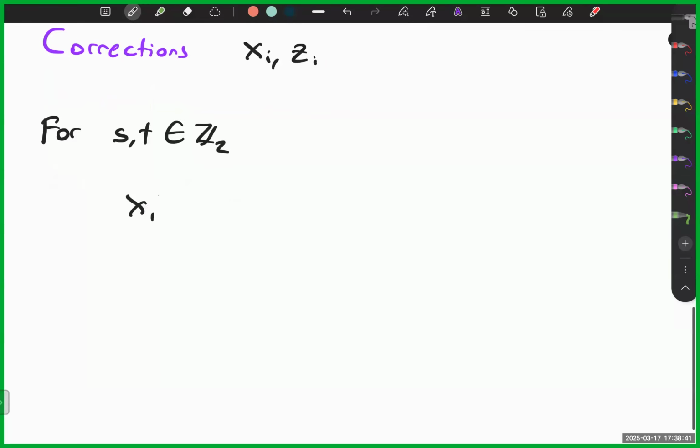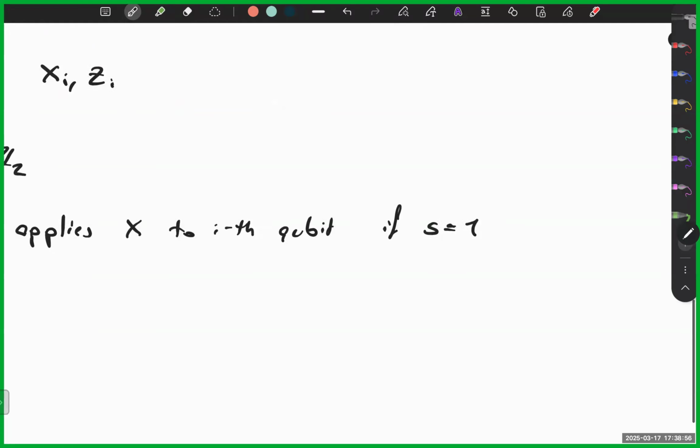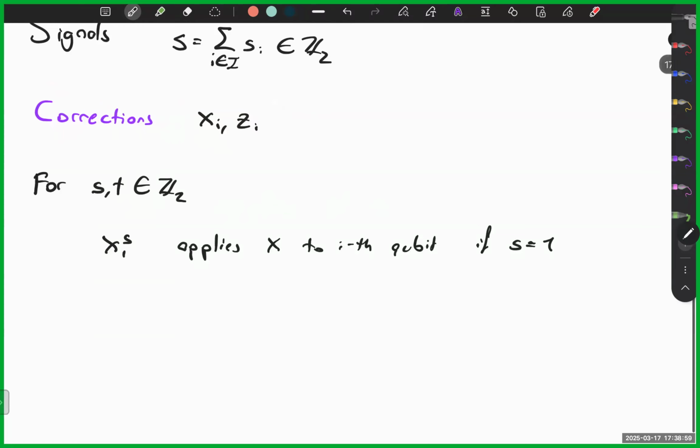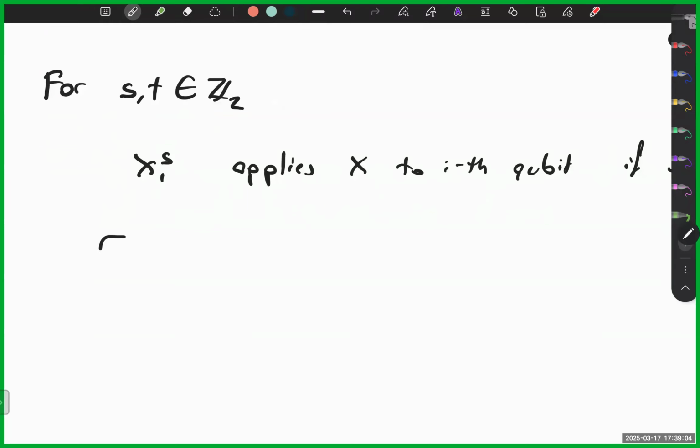So X_i^s just applies X to the ith qubit if s is 1, but does nothing if s is 0, and similarly for the Z case. And for the measurement, we have a bit different notation that we denote by M_i^alpha, but we have t and s on both sides. This may seem arbitrary, but I will explain it after I write it: (-1)^s times alpha plus t pi.